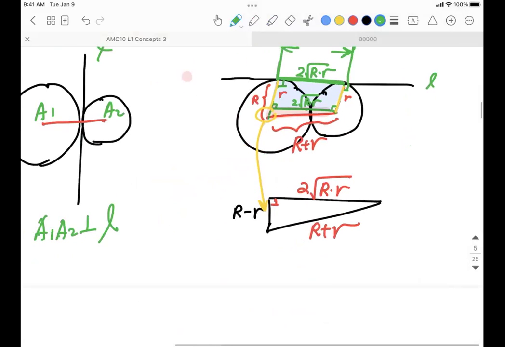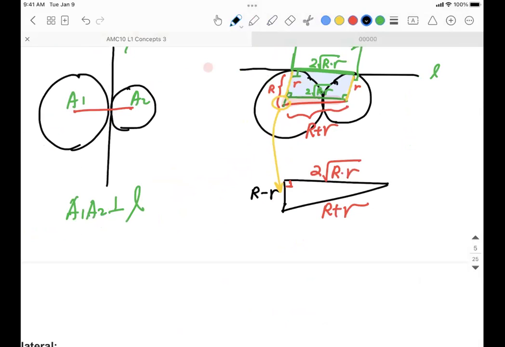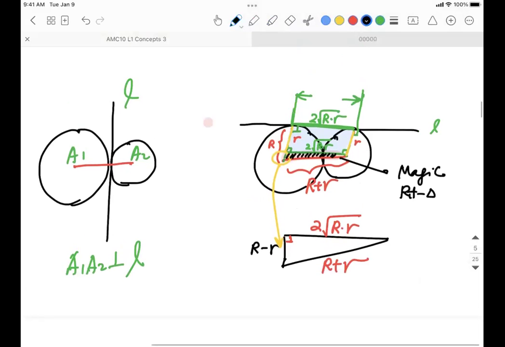So trust me, this guy is a magic right triangle. As long as you see two circles that are tangent to each other, always do the calculation. Most of the time, your calculation will be just focused within this magic triangle.